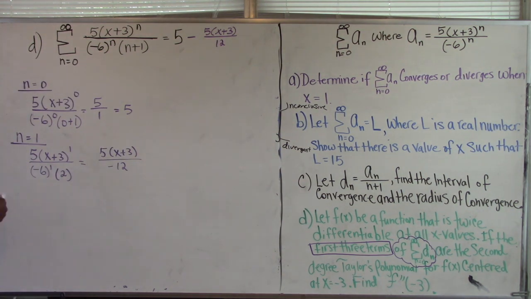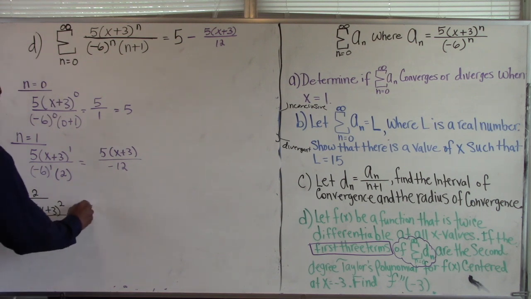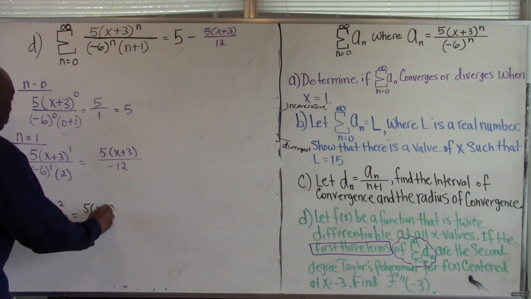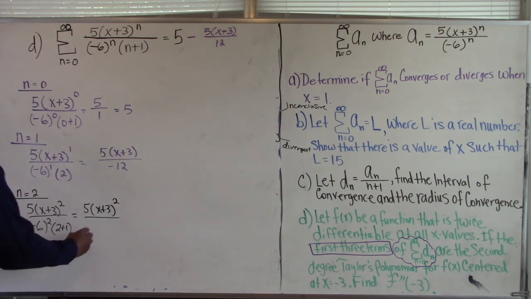All right. How about now when n equals 2? Well, that's going to be 5 times (x plus 3) squared all over (-6) squared times 2 plus 1. That's going to give me 5 times (x plus 3) quantity squared divided by 36 times 3.